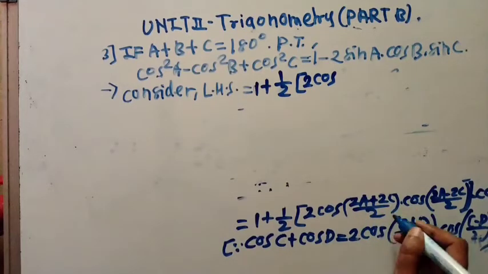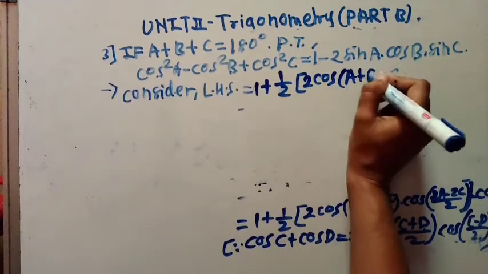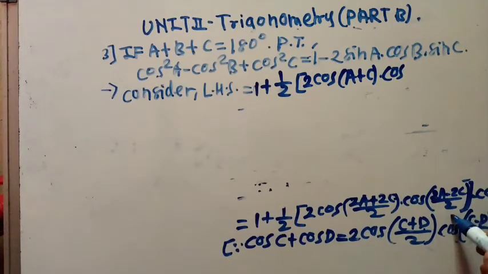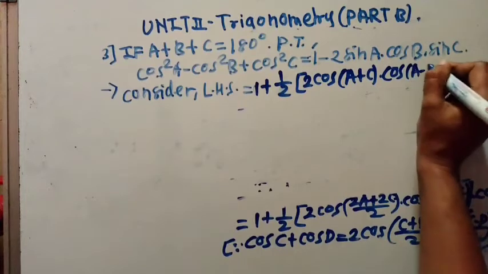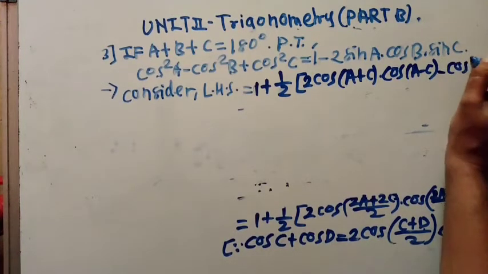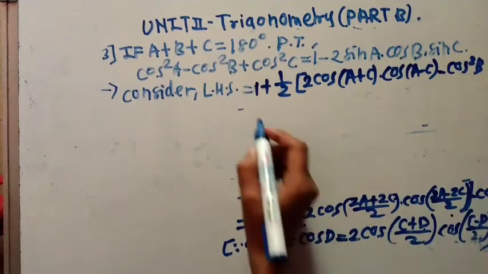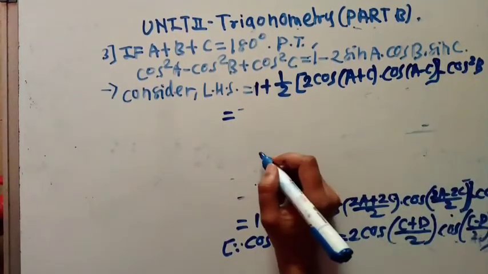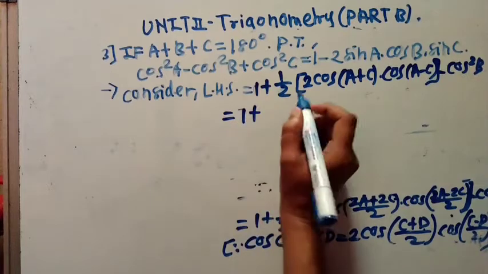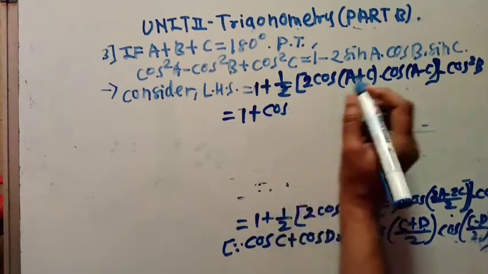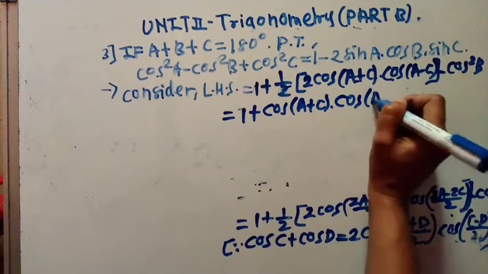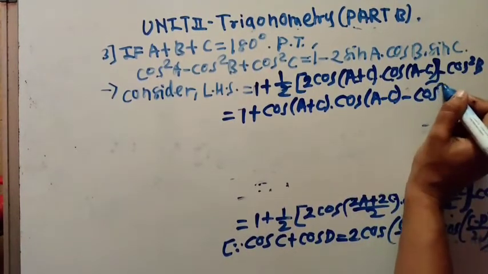Here 2 common, so 2 cancel. In bracket cos (A plus C) into cos (A minus C) upon 2, here 2 common means 2 cancel, means cos (A minus C) minus cos square B. Hence, then 1 plus 2 into 2 cancel, then cos (A plus C) into cos (A minus C) minus cos square B.